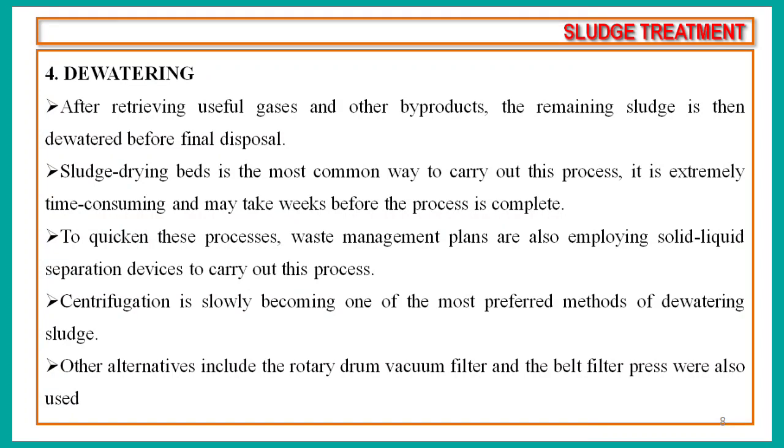To quicken this process, waste management plants sometimes use solid liquid separation devices. Centrifugation is slowly becoming one of the most preferred methods for dewatering sludge. Apart from this, alternatives like rotary drum vacuum filters and belt filter presses are also used. This is about the dewatering process.